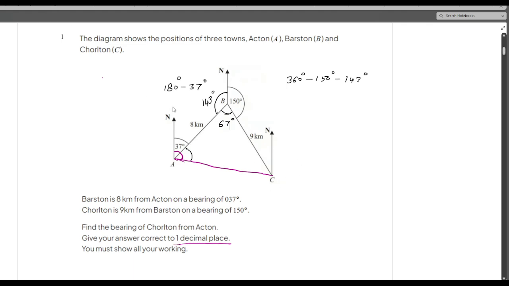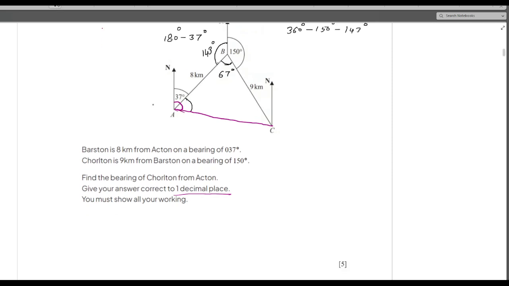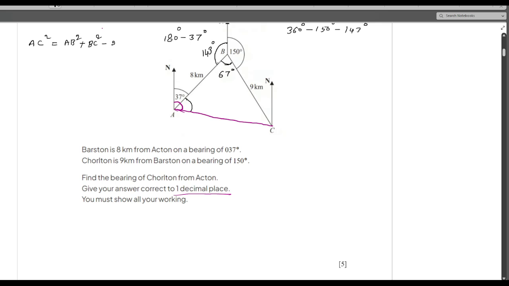So cosine rule we all know that AC square will be equal to AB square plus BC square minus 2 times AB into BC into cos of angle B.